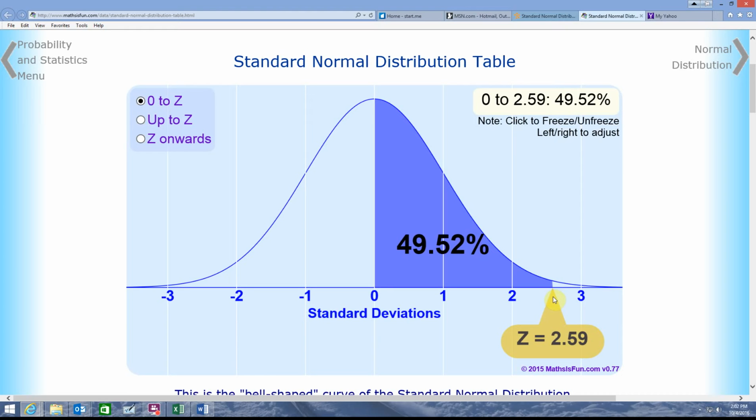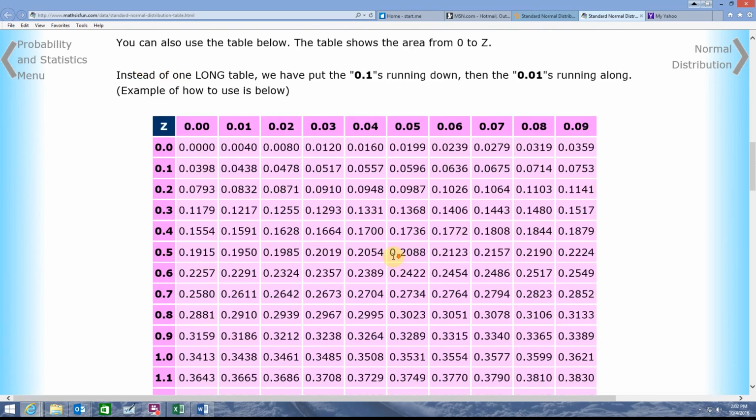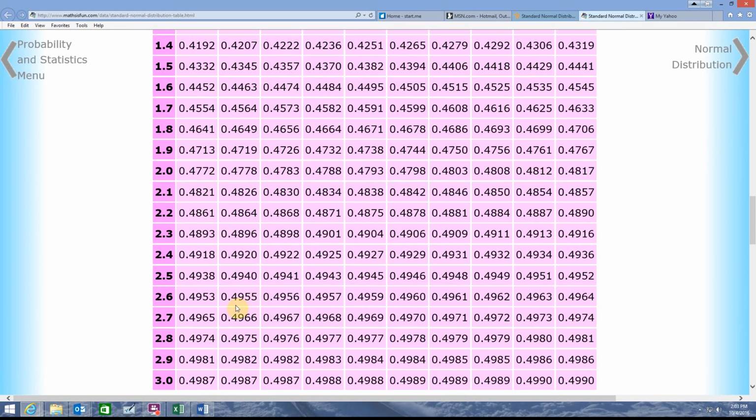And so I'm actually a little bit closer if I go, right, 49.49. I'm 1/100th off, and my z is 2.57. Now I know that my z on this side would be the same. It would just be minus, right? Okay, so my z is 2.57. I can look it up down here too. This is one of those that might actually be easier just to look up down here.